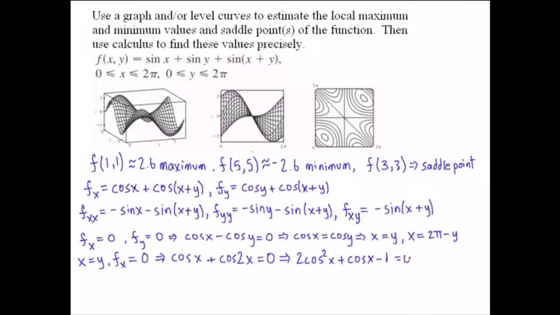This is a quadratic in cosine x. Thus, cosine x is equal to negative 1 or 1/2, which gives us x is equal to pi, pi divided by 3, or 5 pi divided by 3.